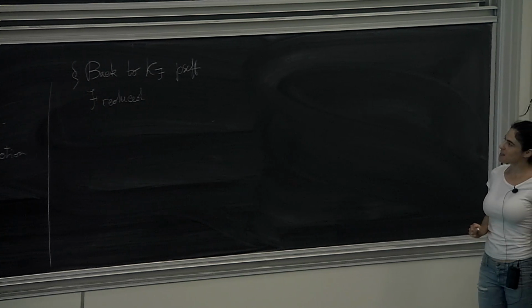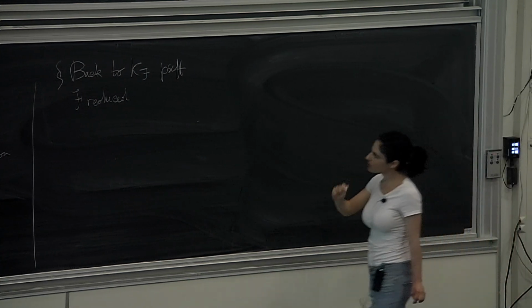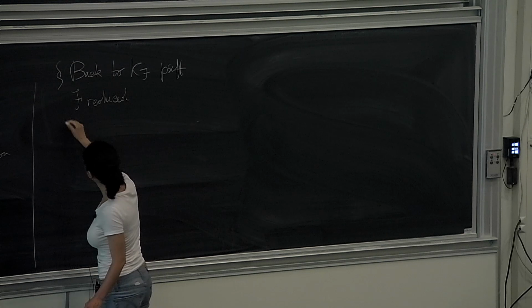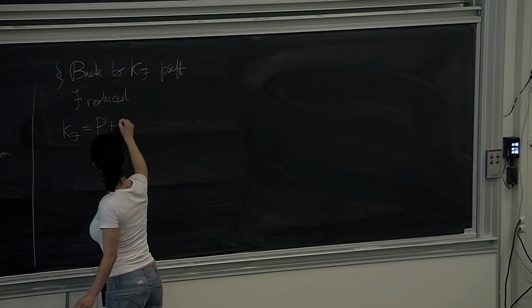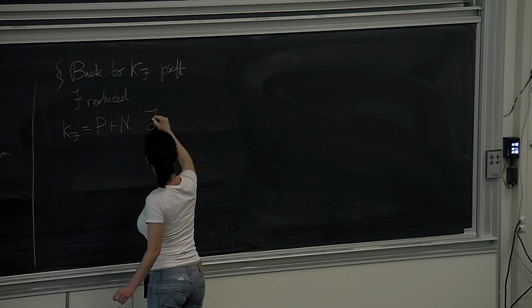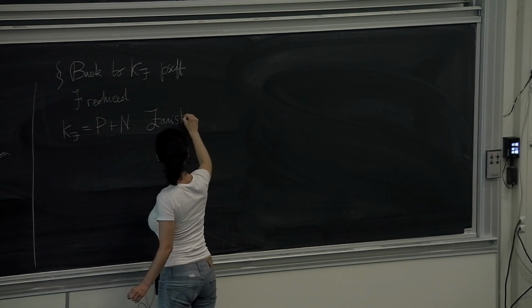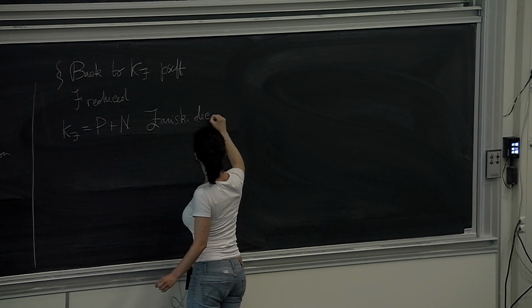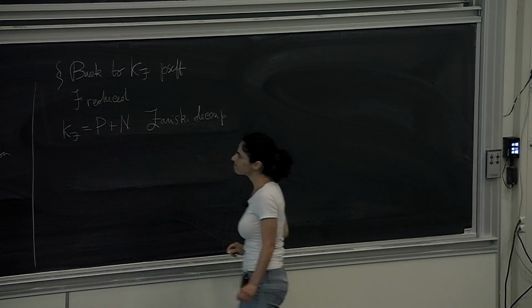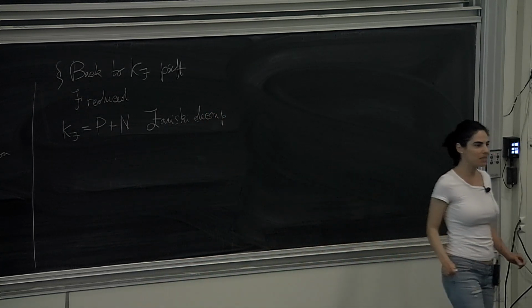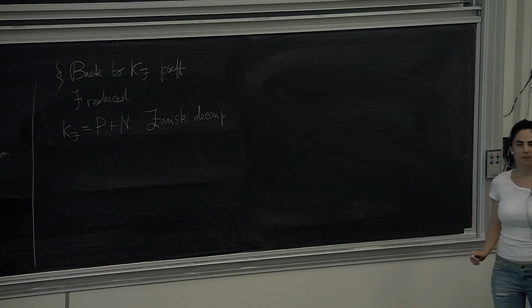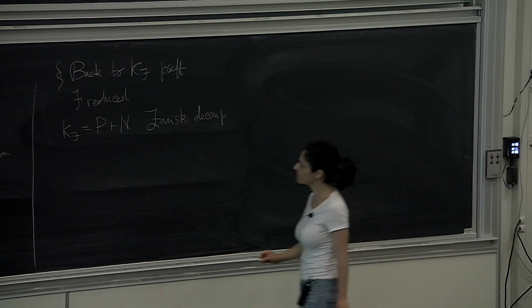Okay, so we've seen yesterday that pseudo-effective divisors have Zariski decompositions. And with the Zariski decomposition we can define something called the numerical Kodaira dimension.